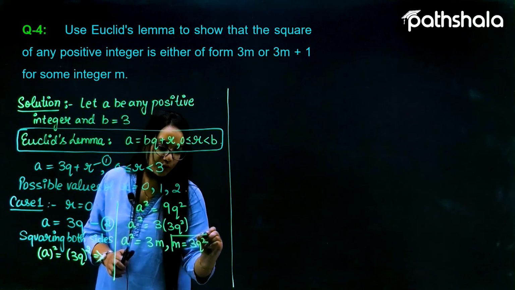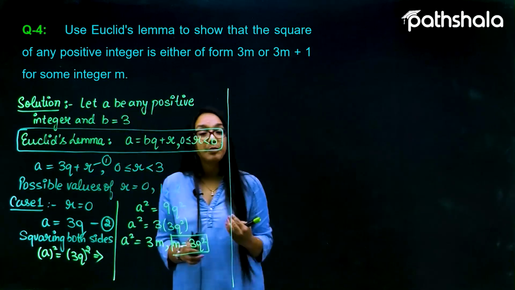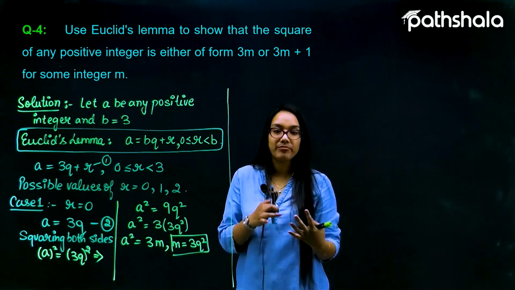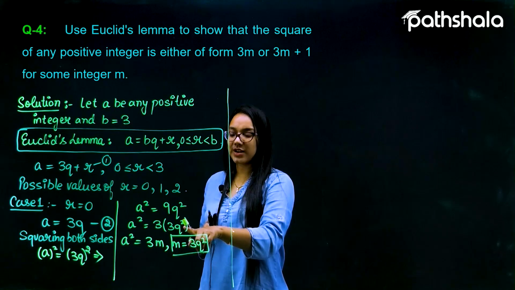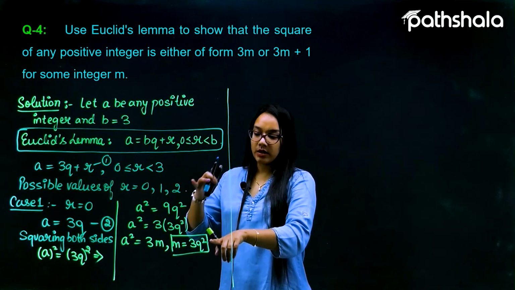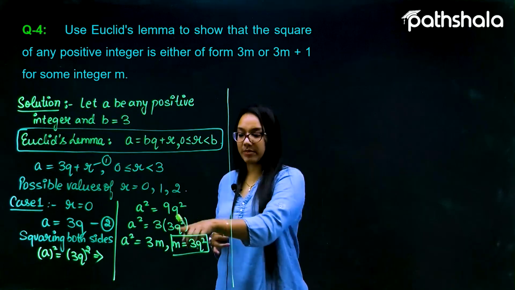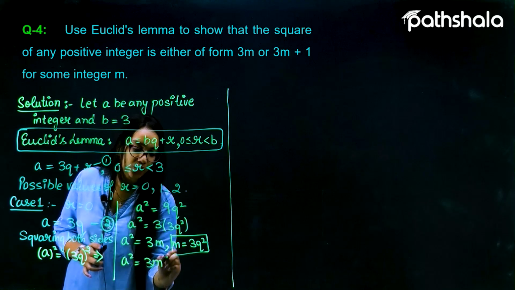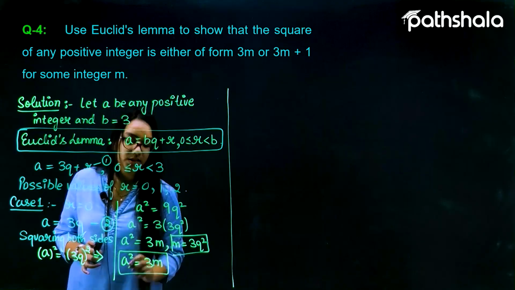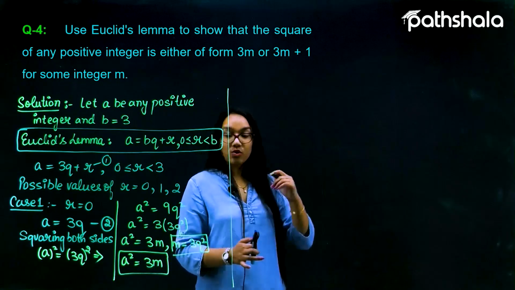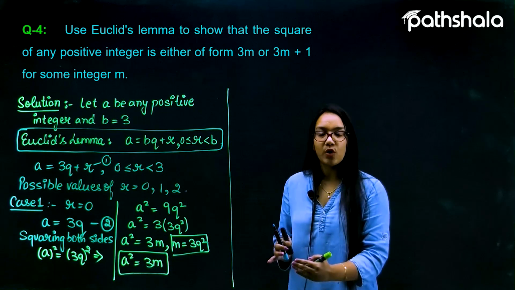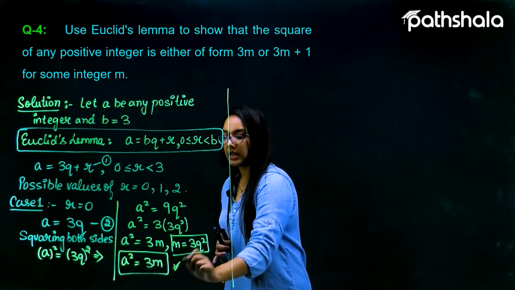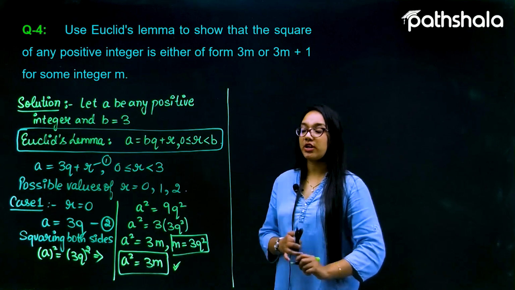I am taking 3q square as m here because as per the question, m can be any integer. Substituting 3q square as m, we get a square is equal to 3m. So the very first condition is proven: the square of any positive integer is of the form 3m.